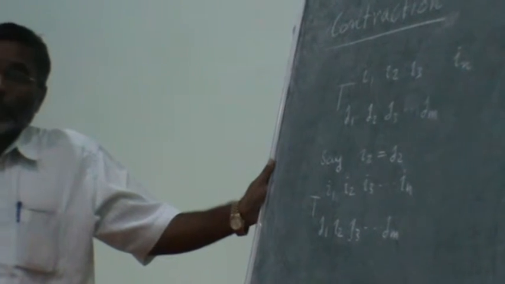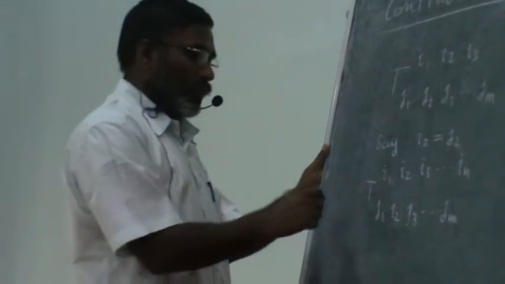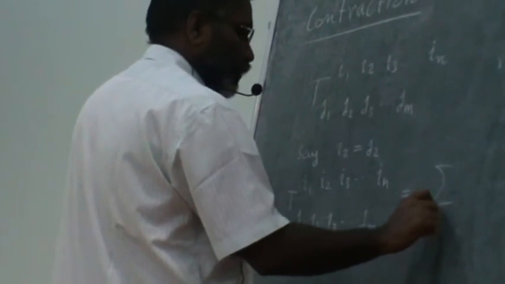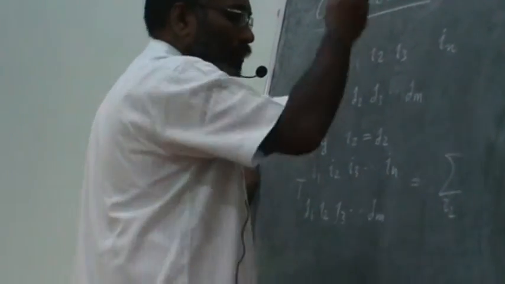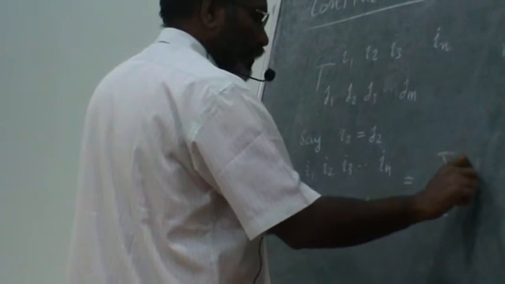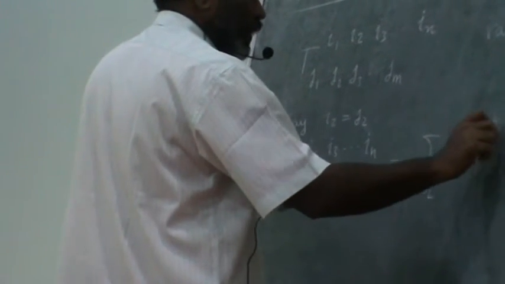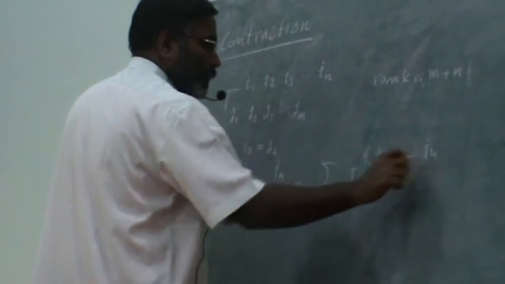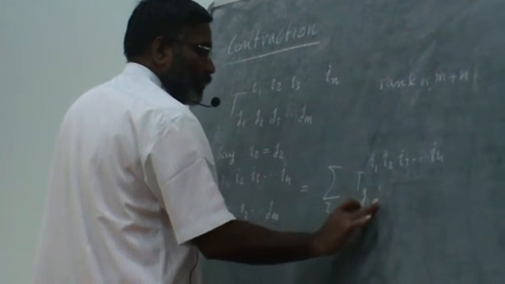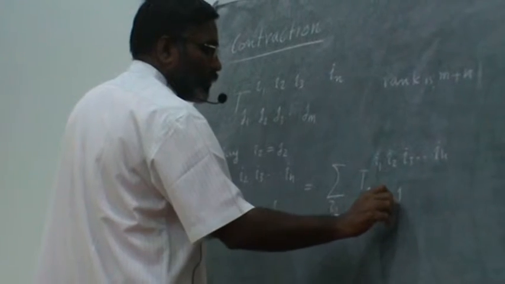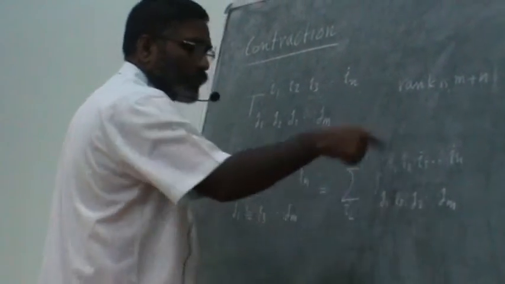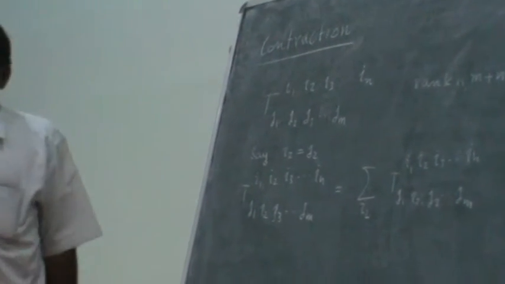When you sum over that index, what happens? This implies a sum over I2 over whatever is the number of components that you have, of T with indices I1, I2, I3, etc., In, J1, I2, J3, etc., Jm. When you sum it over, these two indices are gone. Correct?